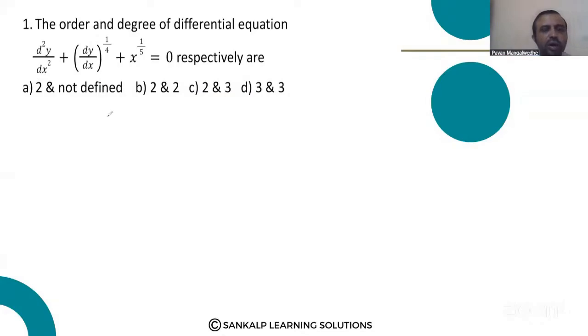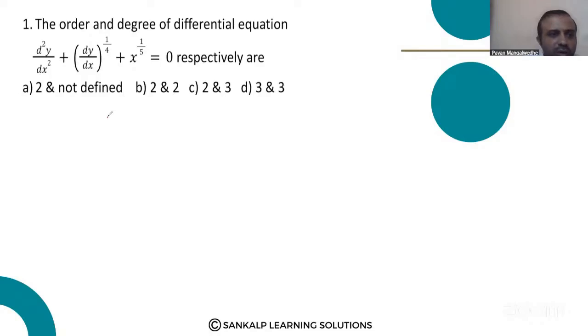The order and degree of the differential equation d square y by dx square plus dy by dx raised to 1 by 4 plus x raised to 1 by 5 is equal to 0 are respectively: option A, 2 and not defined; option B, 2 and 2; option C, 2 and 3; option D, 3 and 3.